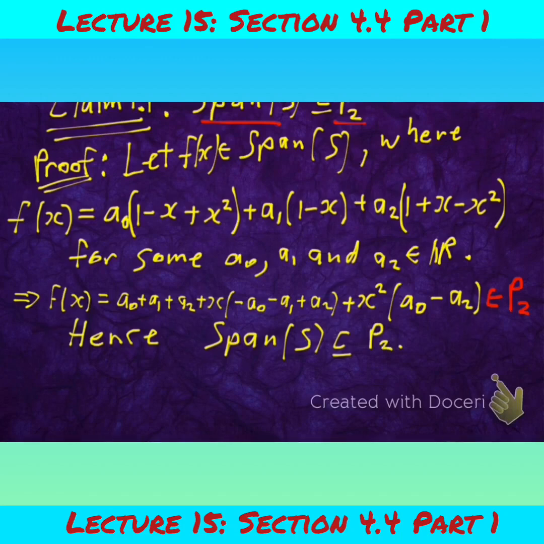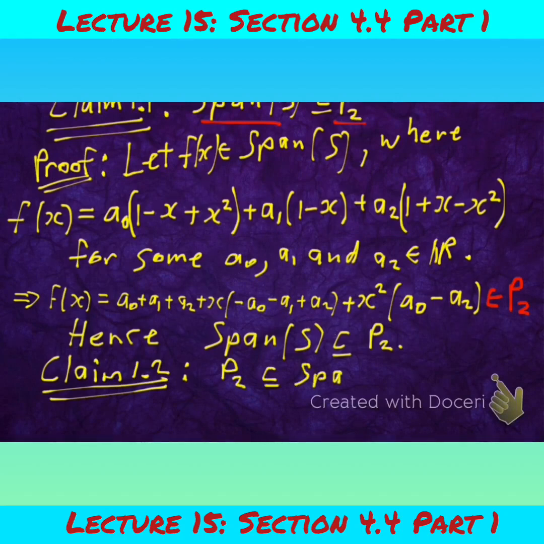That's not really the main thing to prove. So in claim 1.2, I'm going to claim that the space is actually contained in the span of S. That is a little bit more difficult to show.